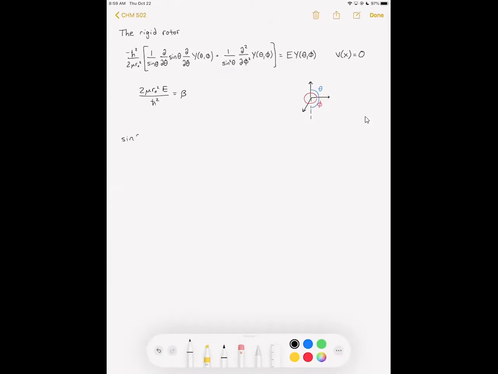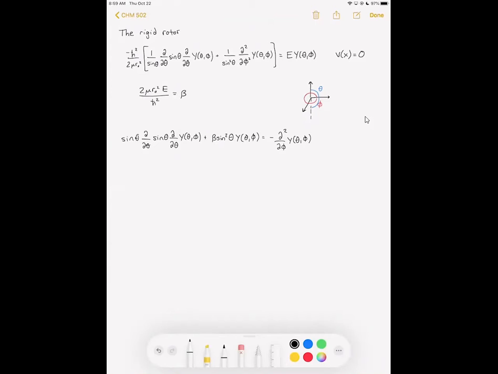We have sine theta times the partial derivative with respect to theta of sine theta times the partial derivative with respect to theta of our function Y of theta and phi, plus beta sine squared theta times our function Y of theta and phi, is now equal to the minus second partial derivative with respect to phi of our function Y of theta and phi.